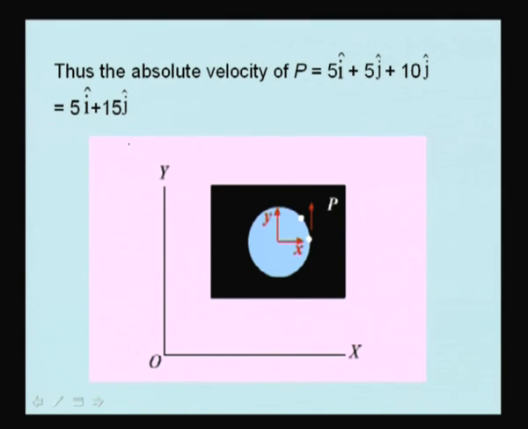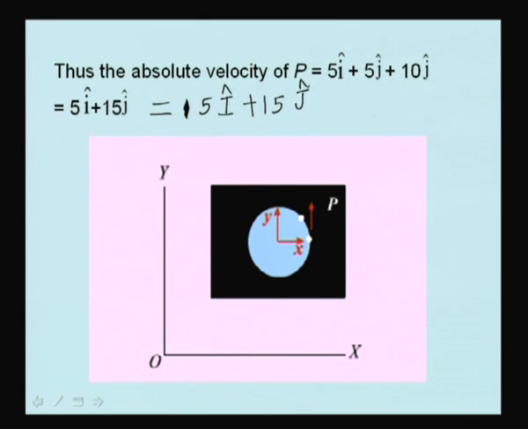One has to notice that although I am talking about the absolute velocity of particle P, the answer has been expressed in terms of the unit vectors in the moving reference frame. This is all right. If one wishes, one can write the final answer in this manner also, which is equally correct, 5i plus 15j, where now i and j may indicate the unit vectors in the absolute reference frame.